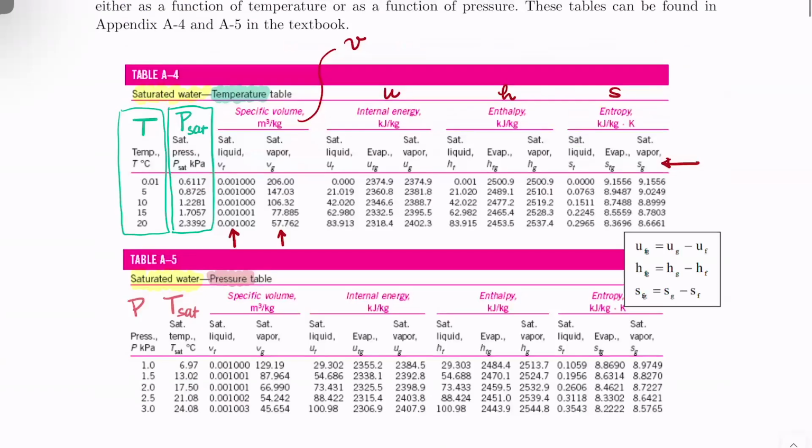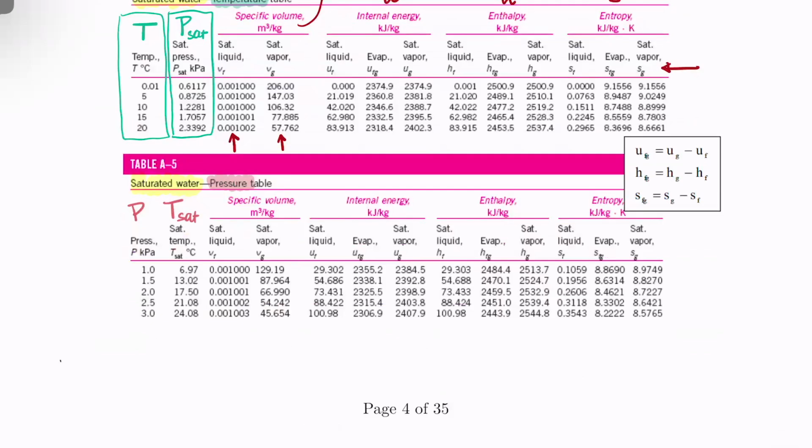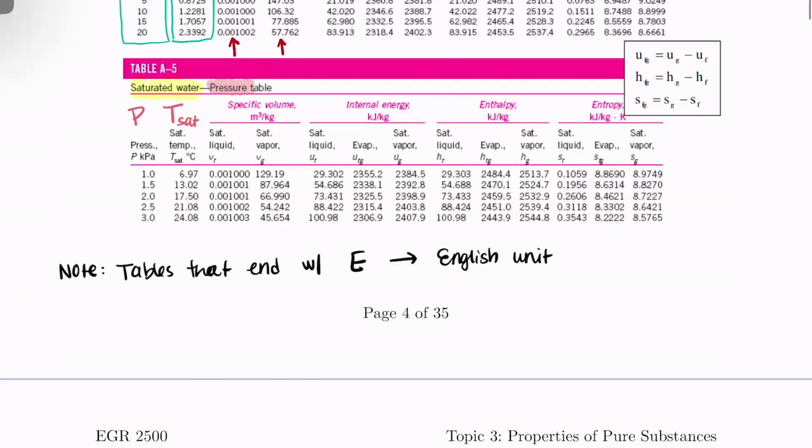Another note: in the book, the tables that end with the letter E mean English units. If it doesn't have an E at the end, that means it's SI. So always check the units in the table that you're using and make sure it's consistent with the problem you're doing.